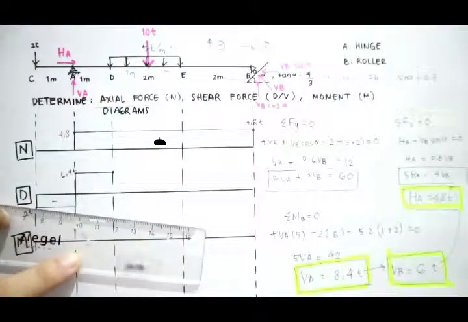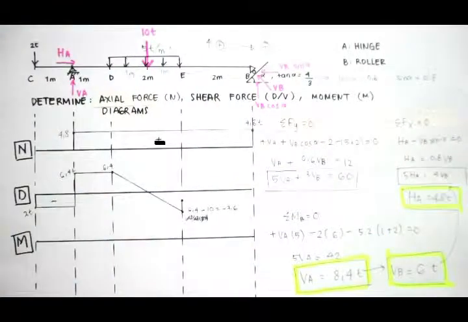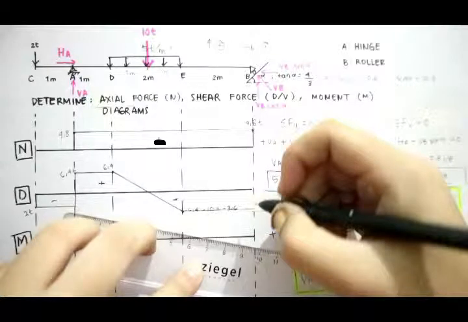It's going to be a straight line until it reaches D. From D until E, it's a uniformly distributed load. So at E, it's going to be 6.4 minus 5 times 2, which is 10. So I have minus 3.6 right there, all the way to the end.